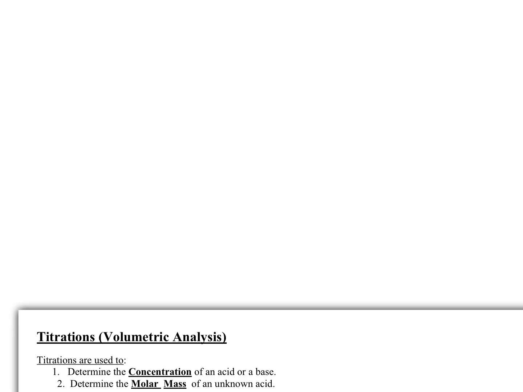So titrations are used for what we call volumetric analysis. We use volume to analyze something. That's why with the titration we use our burette, because that burette is so very accurate. It is one of the most accurate pieces of glassware we have, with each little marking giving us exact decimal places.